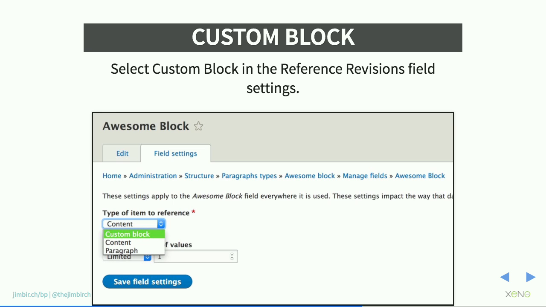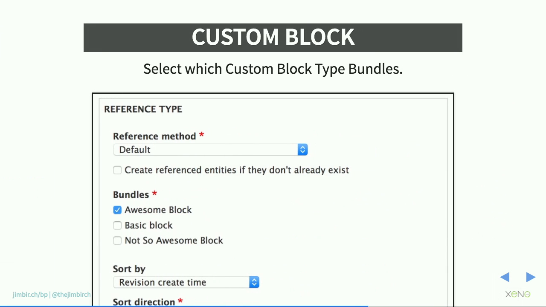So select custom block, and then you can also change the value here if you want to keep it just a 1 or keep it unlimited. On the next screen, you get to configure it. So how we're going to reference it would probably just be an autocomplete. The bundles, you can select which of your blocks you want to include.